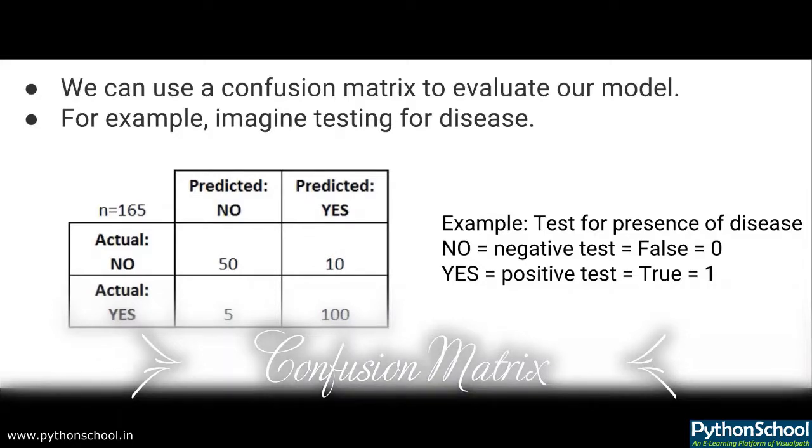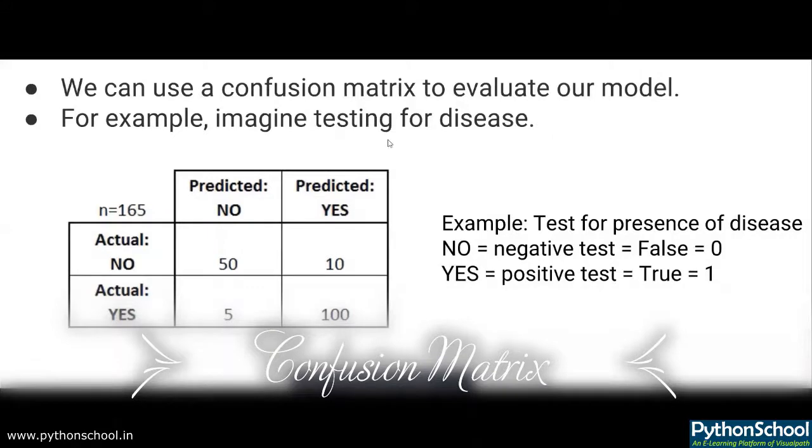No is a negative test with false equal to 0, and yes is a positive test with true equal to 1. So here we have predicted values as columns, and the actual values which we already know as rows, and these are some intersections. So we tried to analyze data for 165 people.